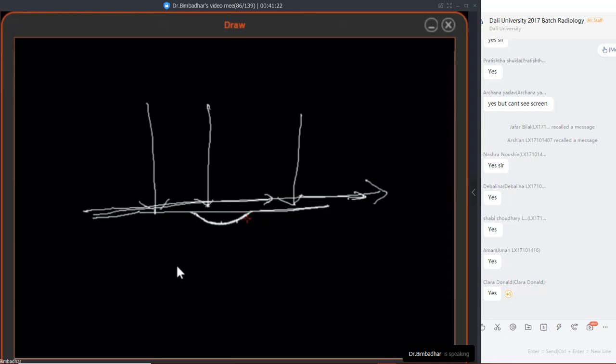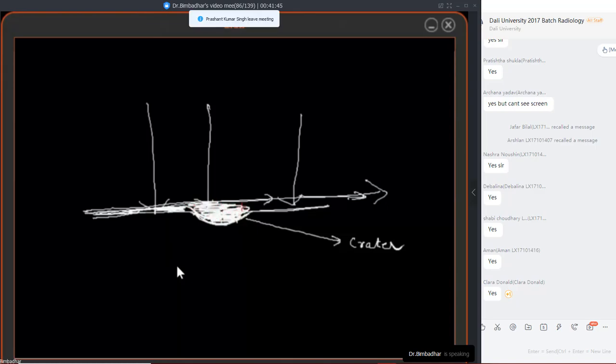Which actually forms a crater, an extra space. So now what happens? When the barium is trying to come, it comes and comes and slowly fills up this area. It filled up this area more, and then also it filled up other areas like this.